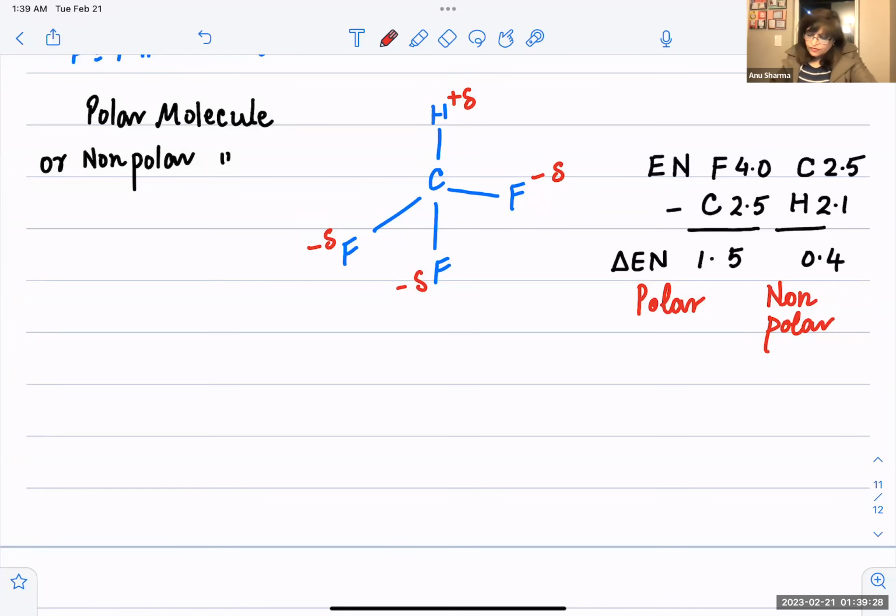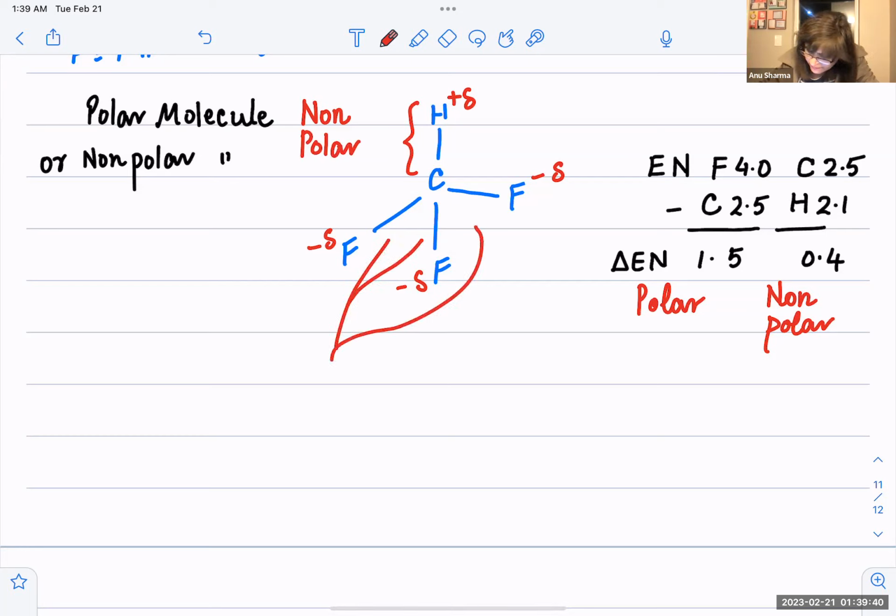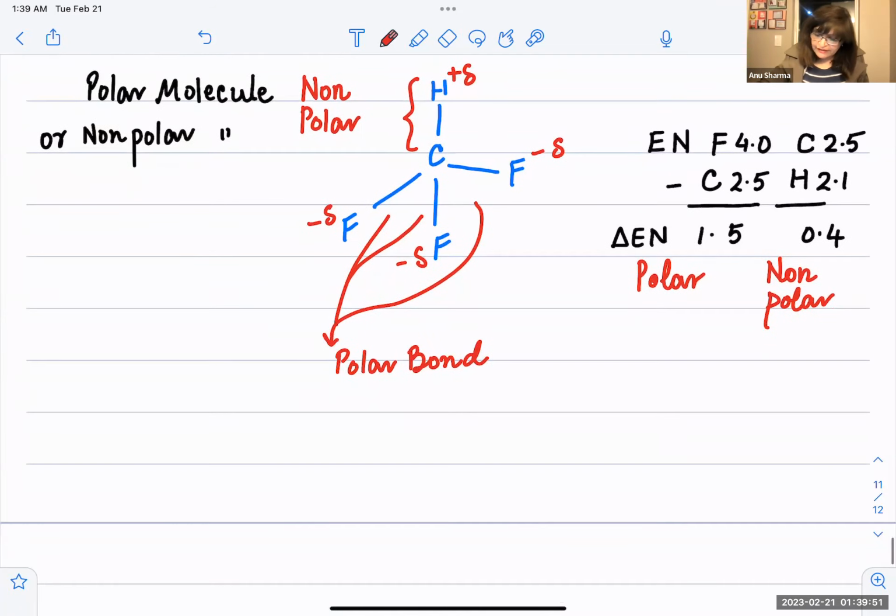So here, this is a non-polar bond. Obviously, we see that. And each of these bonds are polar bonds. Okay. So one side is polar. The other side is non-polar.